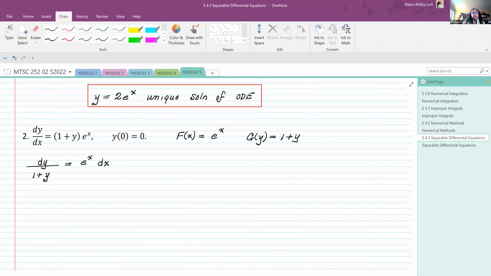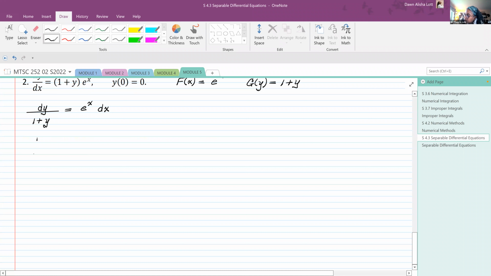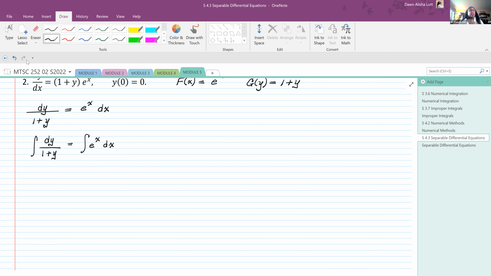Okay, we now want to integrate that: the integral of dy over 1 plus y is equal to the integral of e to the x dx. So what's the integral on the left-hand side? It's just a linear term.